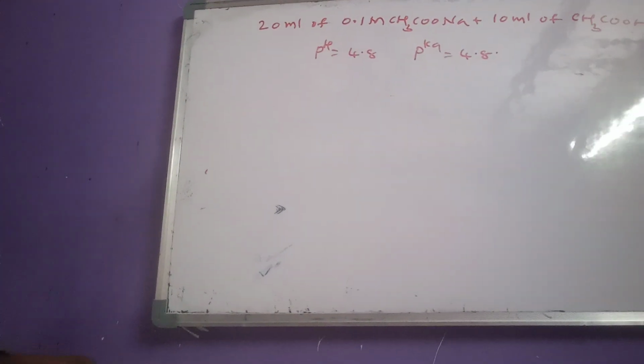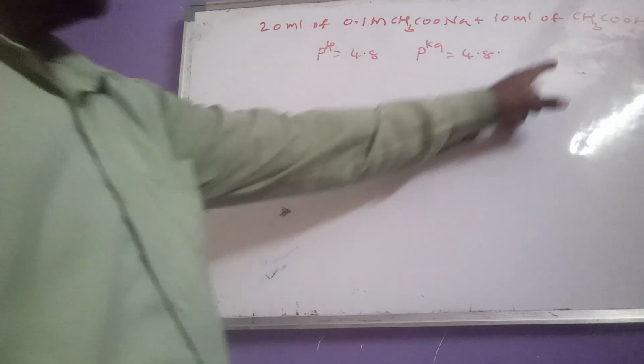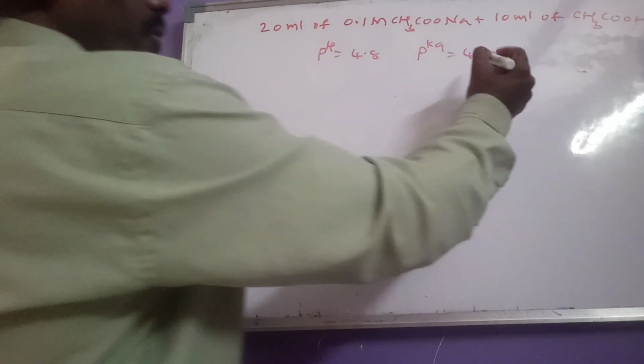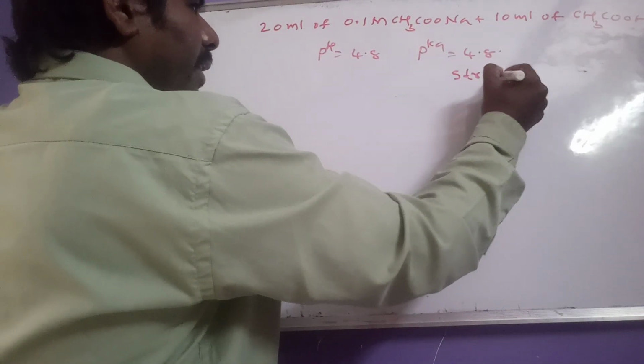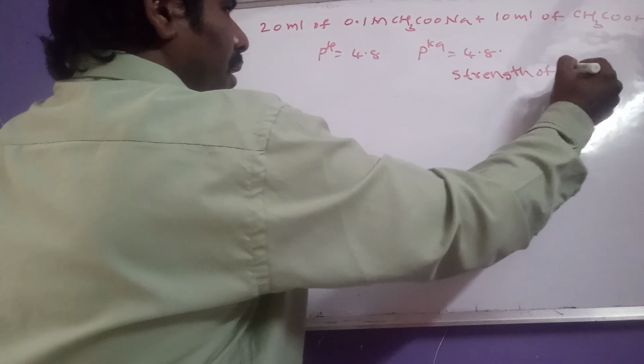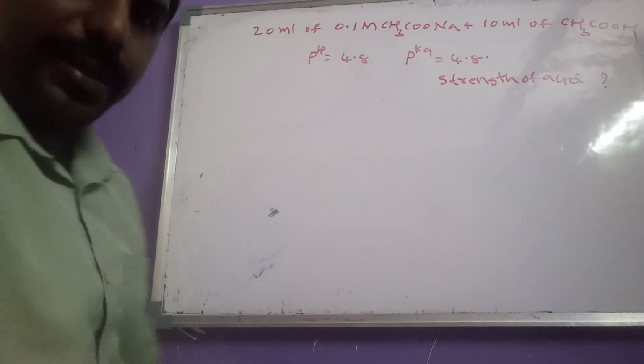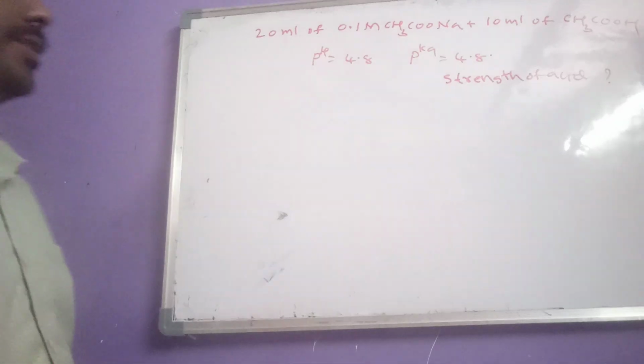But what is missing in this problem is the concentration of acetic acid. That only we have to determine now. What is the strength of that acid? So let us determine the strength of that acetic acid.